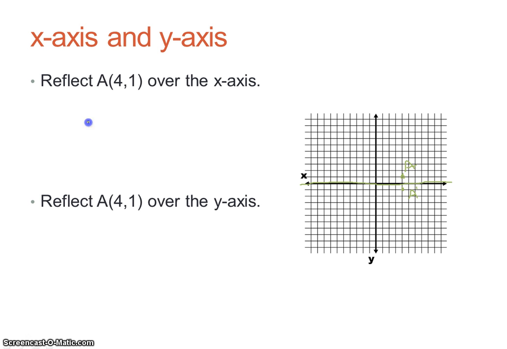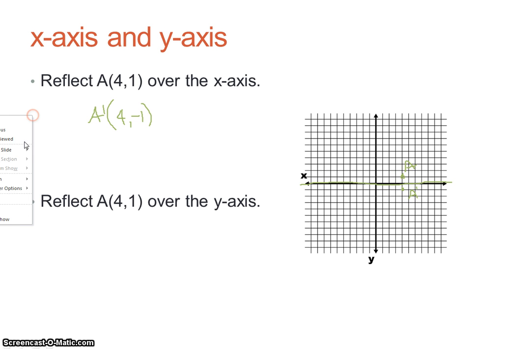So our coordinate for A prime is 4, negative 1. So anytime we flip over the x-axis, it's going to stay with the same y value and just go the distance, however far it is from our x-axis, on the other side of the x-axis.